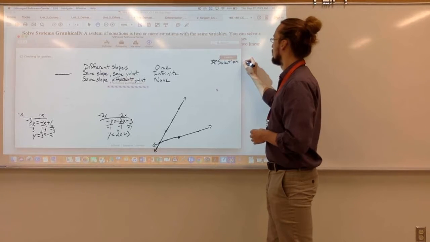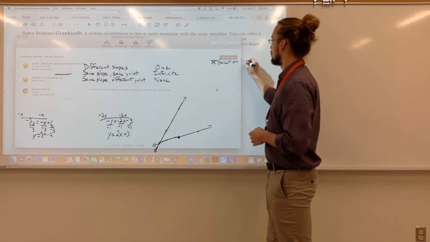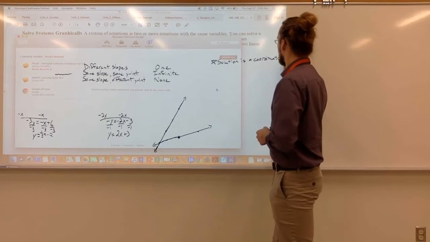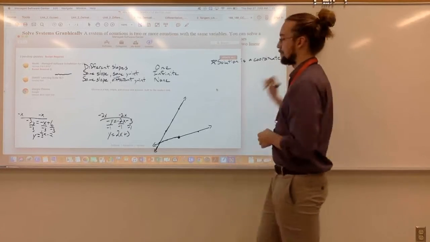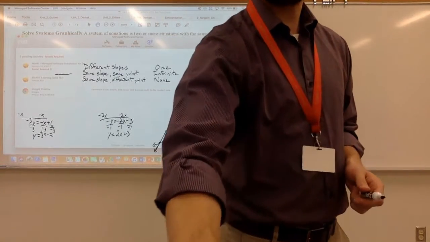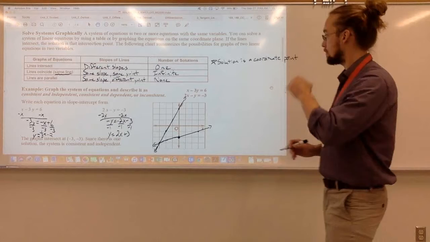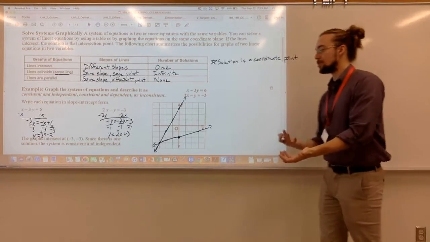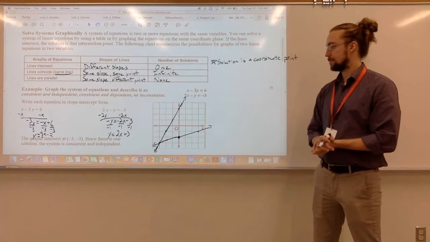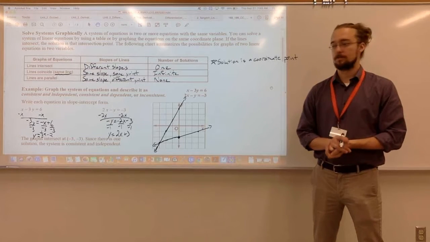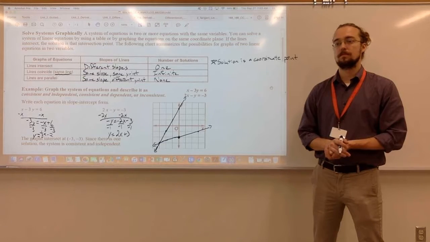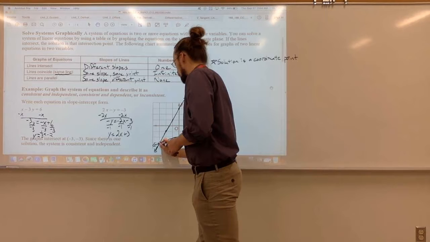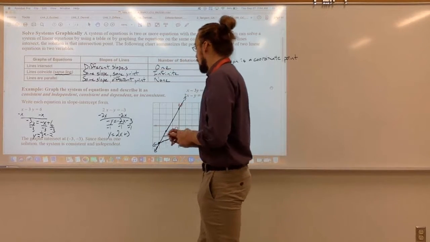Solution, whenever we have one solution, is a coordinate point. So what is my solution to this system of equations? Negative 3. At this point of intersection right here.